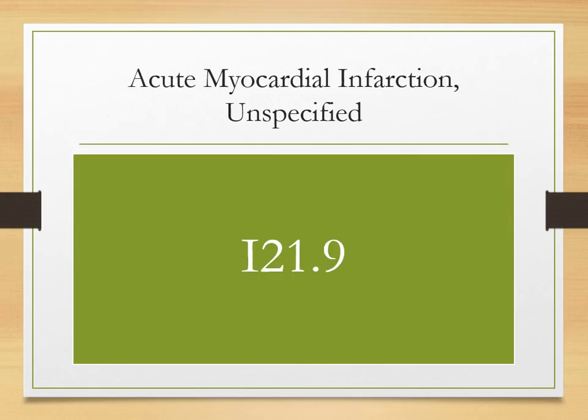Acute myocardial infarction unspecified is the default code for unspecified acute MI or unspecified type. Now, if only a type 1 STEMI or transmural MI without the site is documented, then you're going to assign instead I-21.3, which is ST elevation myocardial infarction of an unspecified site.